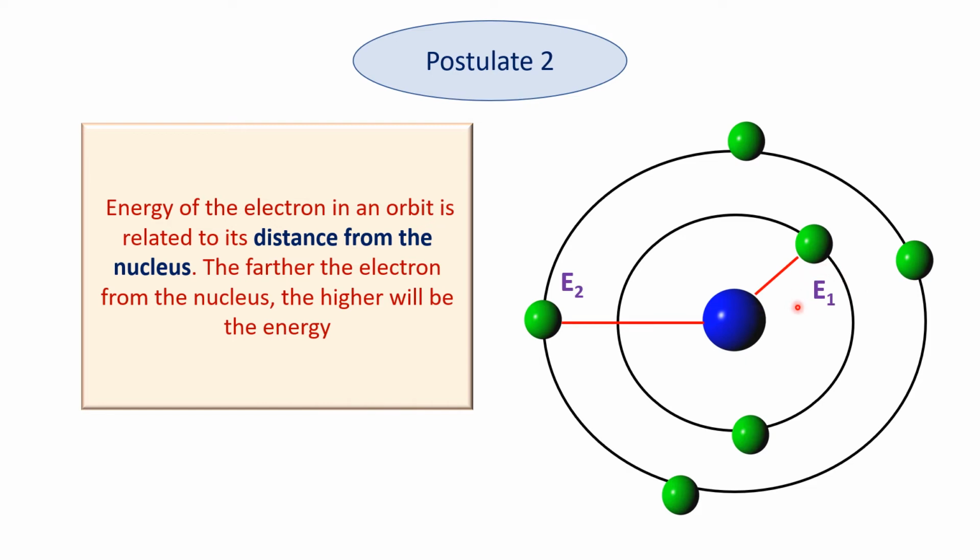Here E1 is the first shell energy and E2 is the second shell energy. The farther the electron is from the nucleus, the higher the energy, which means E2 is greater than E1, because the E1 shell is located near the nucleus and the E2 shell is located farther from the nucleus.